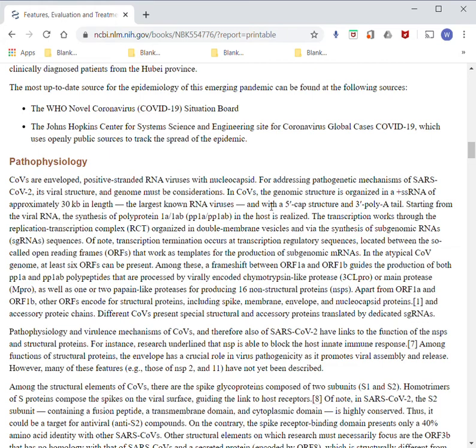So if we're looking here, in coronaviruses, the genomic structure is organized in a positive single-stranded RNA, meaning ribonucleic acid, of approximately 30 kb in length.